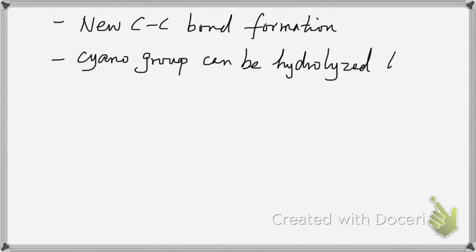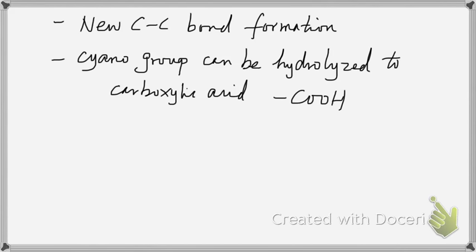This reaction also gives a new carbon-carbon bond. So it adds 1 more carbon from the cyanide to the existing carbonyl-containing compound. And the cyano group can be transformed to other functional groups.